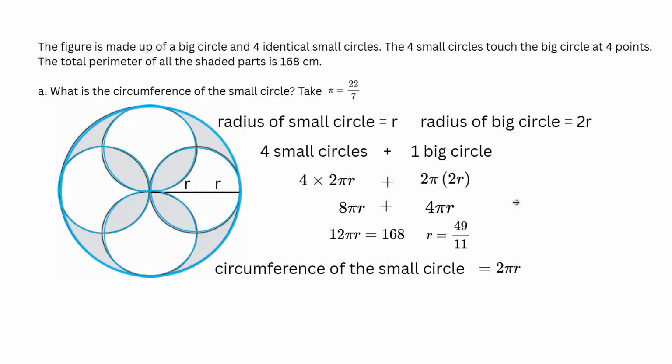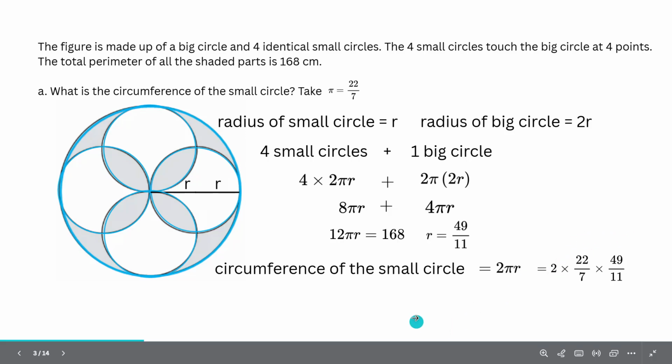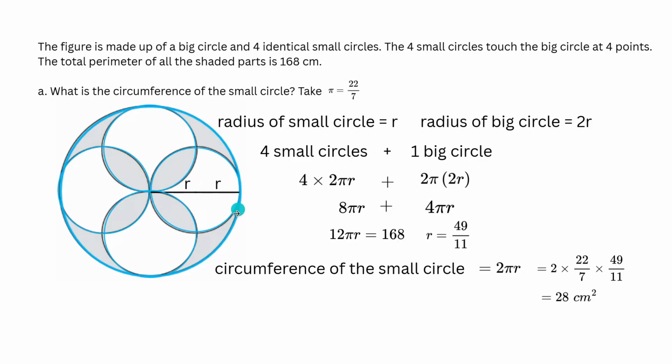And here you will have to substitute 2 times pi is 22 by 7 times radius is 49 over 11. 7 times 7 gets cancelled here, so you will be left with 7 on the numerator this side, and 11 times 2 will come here. So 2 times 2 times 7, which is 4 times 7, which is equal to 28 centimeter square. So that is the circumference of one small circle.